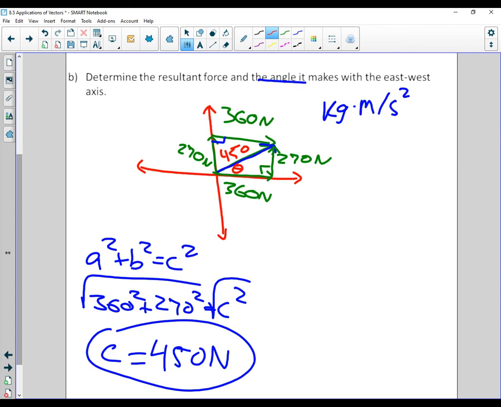But if we're working with our original ones, then the tangent of theta equals, and I'm going to leave some space on purpose because we all did chapter 5 and we know what's coming, maybe. Opposite 270 over adjacent 360. Now, what do I need to do to find theta?